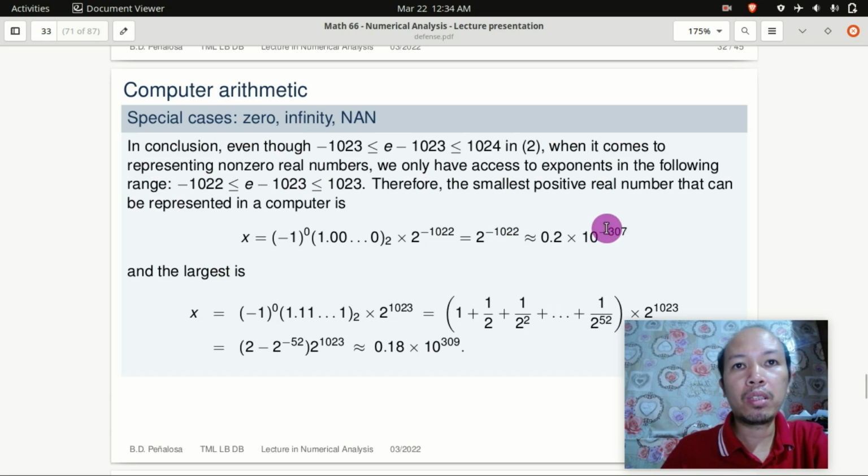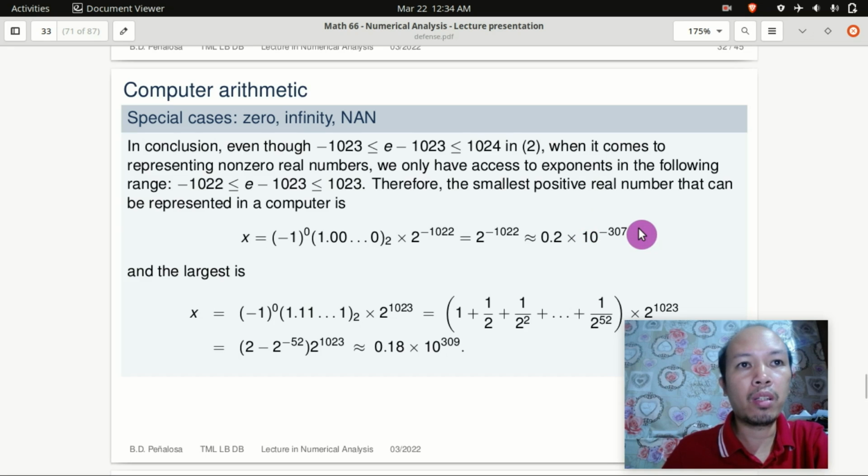I wrote it before in the previous discussion as negative 37, which in fact will be negative 307.